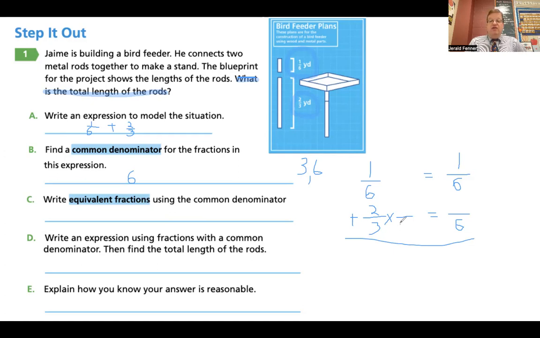And you should have said 2. And in order to make it so that the fraction is equal to 1, the numerator and denominator need to be exactly the same. 2 times 2 is 4. So now we can add these. 1/6 plus 4/6 is 5/6.